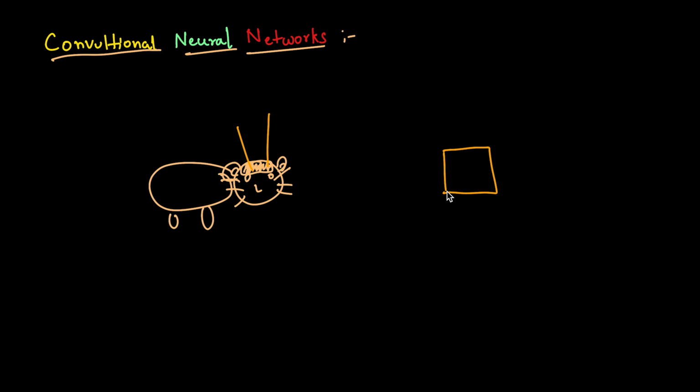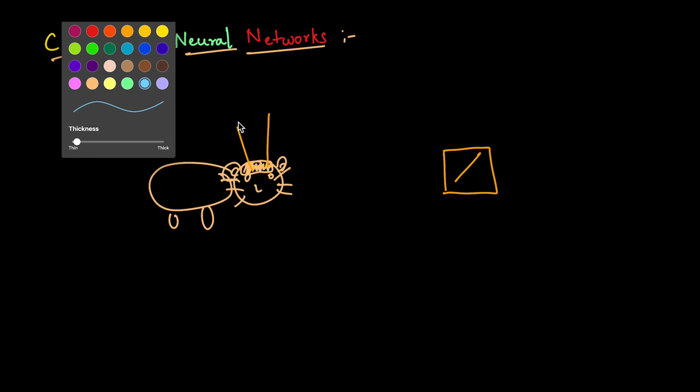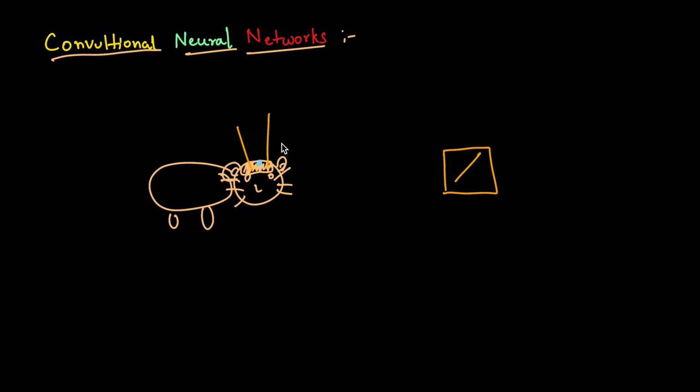So let's say they show some specific shape like this, and this shape fires some specific neuron in the brain. Let's say there is a neuron N1. That N1 neuron gets fired whenever the cat sees this kind of shape. Similarly, there is another neuron, N2, which always gets fired when it sees another shape, like a circle.